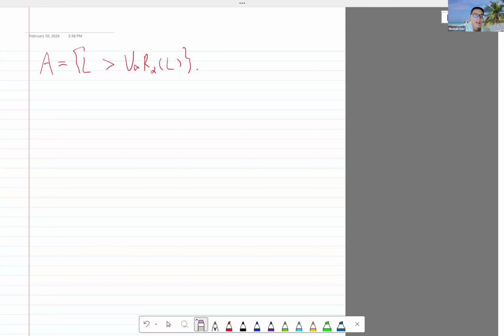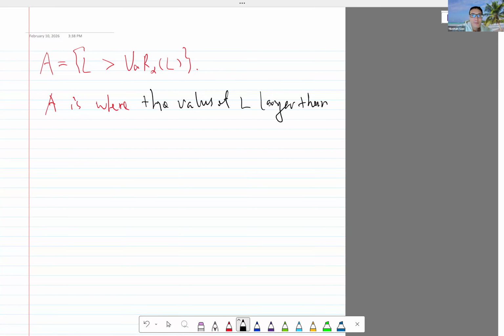Maybe I say A is where L takes all the values of L larger than a cutoff.